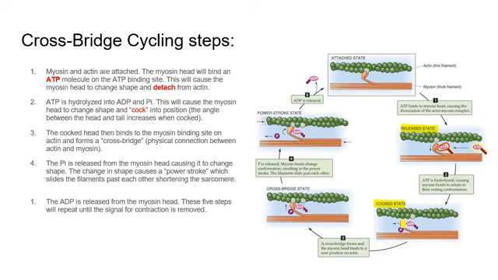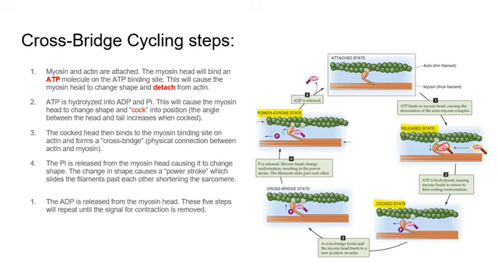This will cause the myosin head to change shape to the cocked state, or cock into position, which is because the angle between the head and tail of the myosin molecule increases. The next step, we have the cross bridge state, when the physical connection between the actin and myosin happens. And then the next step is the power stroke state, when Pi is released from the myosin head, it causes another change in shape.